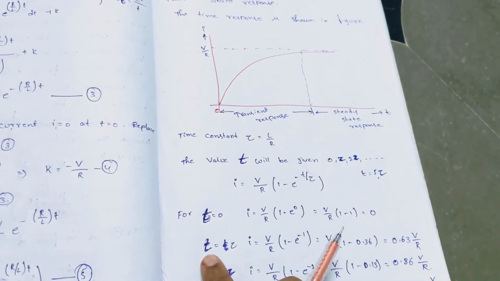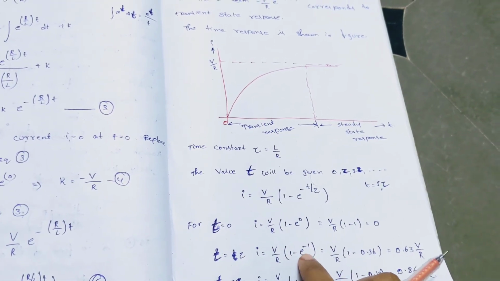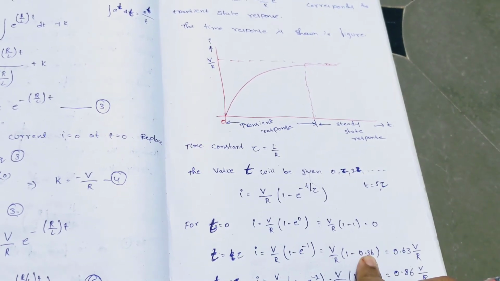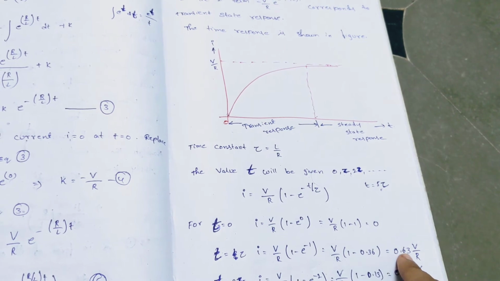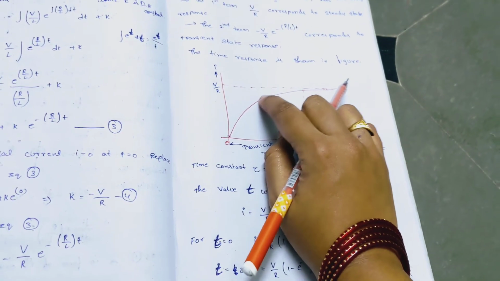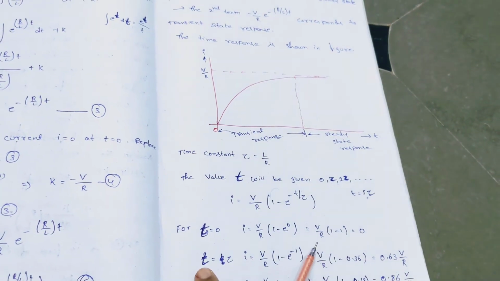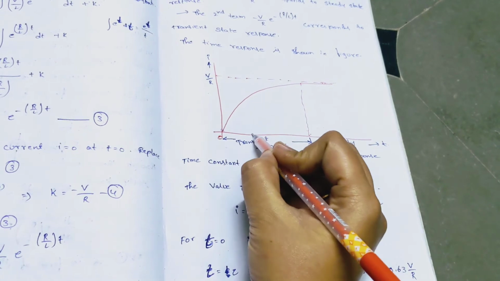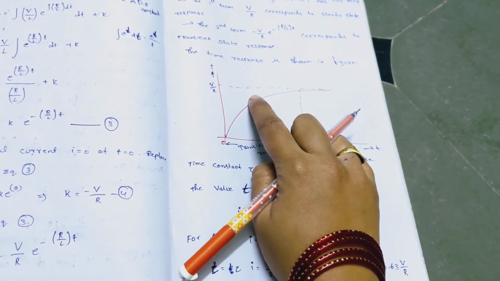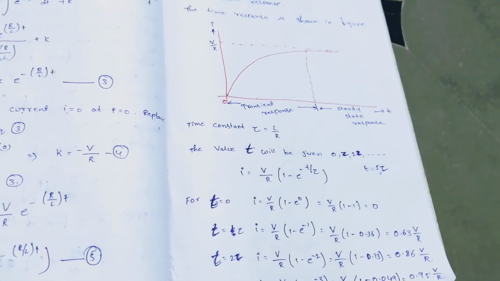When t equals tau, it will be e power minus 1, which is nothing but 0.37, so the current is 0.63 V by R. That means when time t equals tau, it reaches about 63% of the final value.